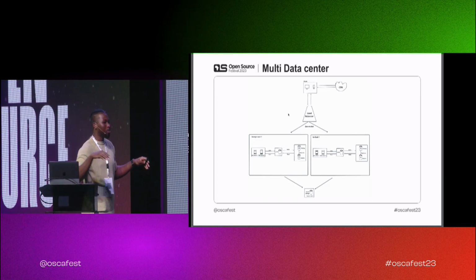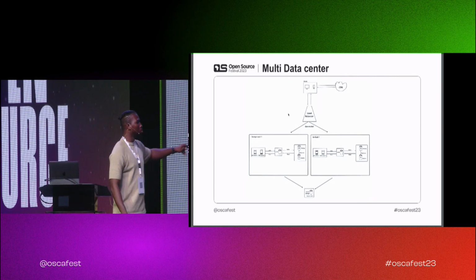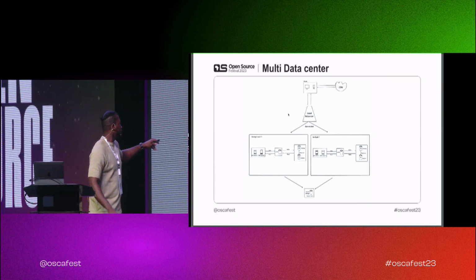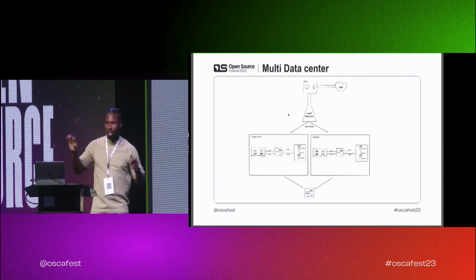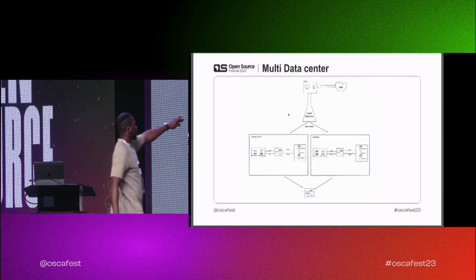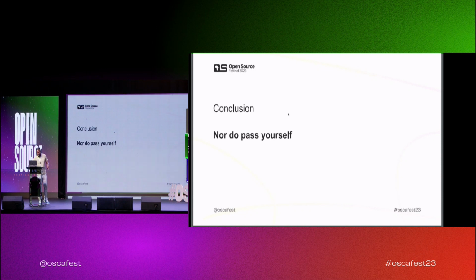So what you can do to make your app more resilient, depending on how critical your app is, you can do multi-data center setup, whereby you spin up your entire application in different areas across the globe. And then you have a load balancer that does what is called geo-routing. So based on your location, it will redirect your request to a particular geography or location. That's multi-data center setup.